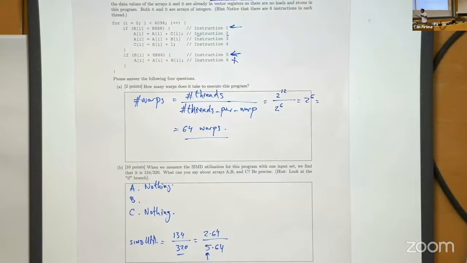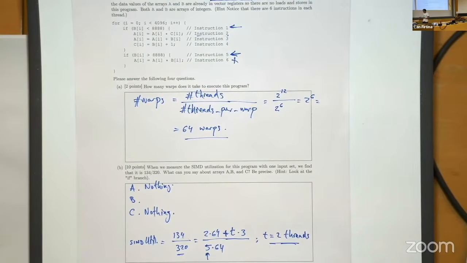I know that it's not all of them, because if it was all of them, then here I would have 320 as well, right? But it's not 320. So only part of the threads, let's call this number T, is going to execute these 3 instructions. You see it? So from here, you will obtain T.